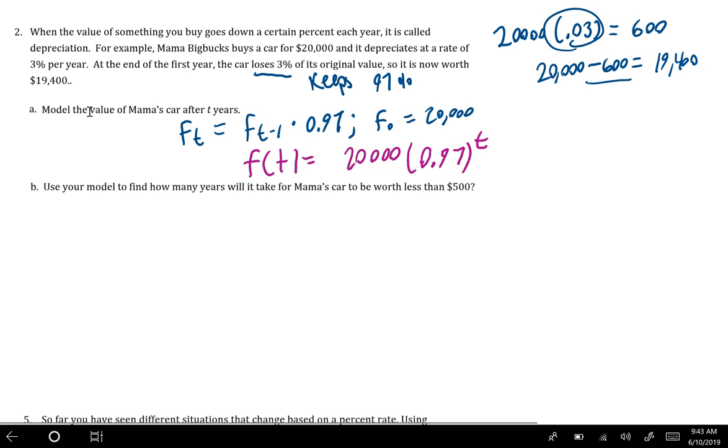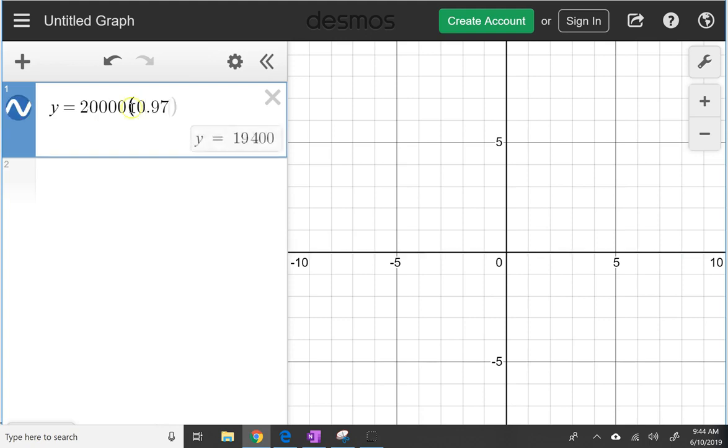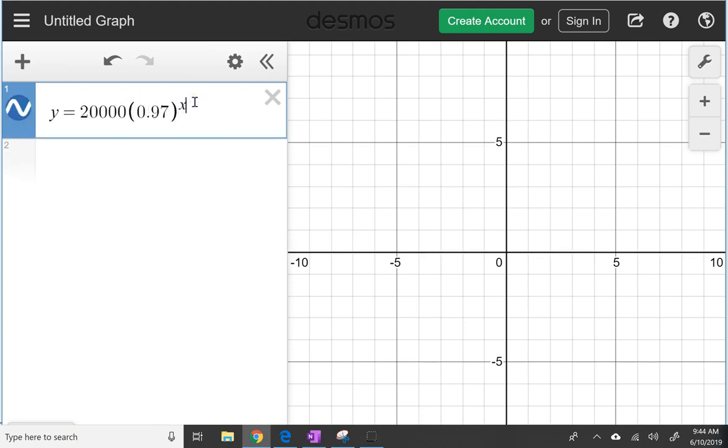So to do that, I'm going to want to graph this equation in Desmos. So as I've mentioned with Desmos, instead of using t and f of t, I like to just use y and x. So we have y equals 20,000 times 0.97 raised to the x power.